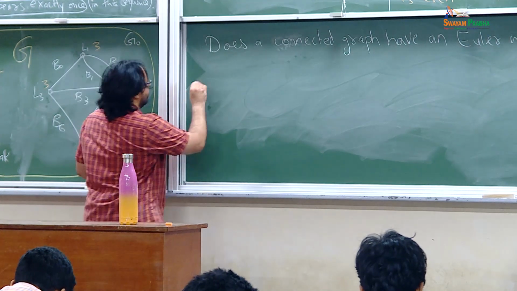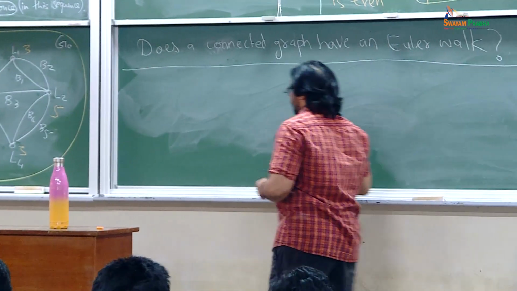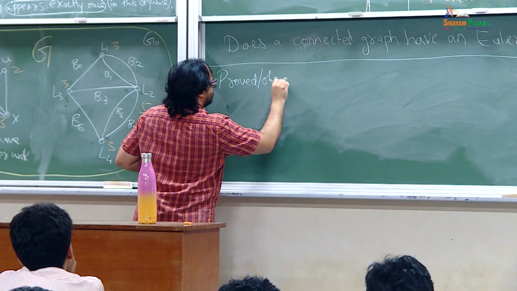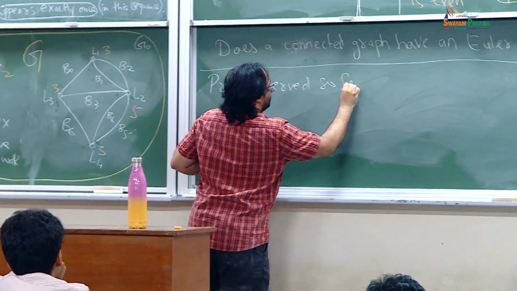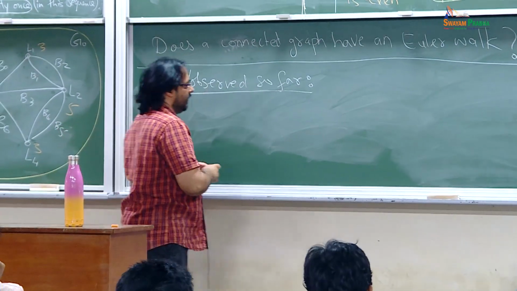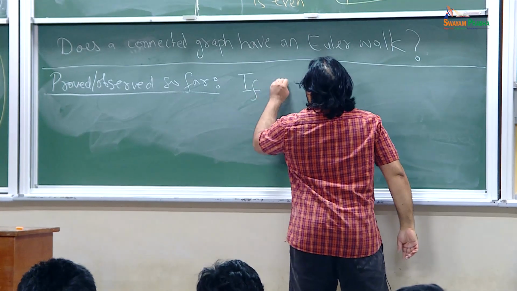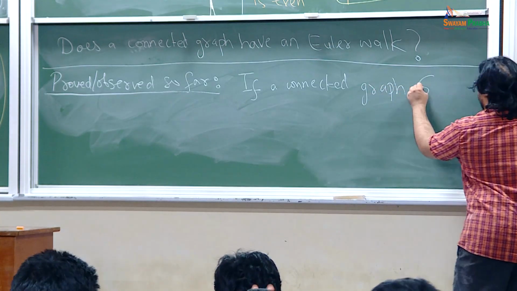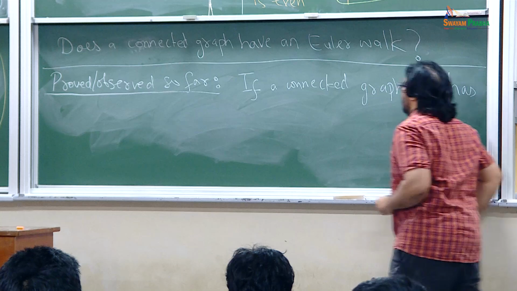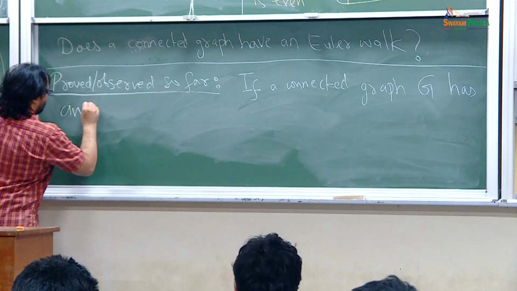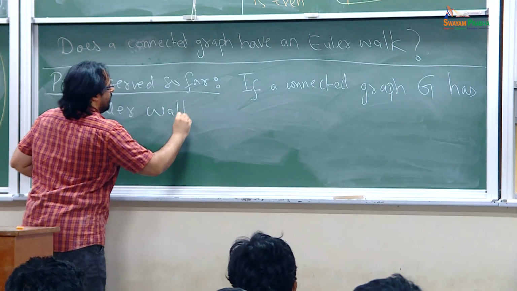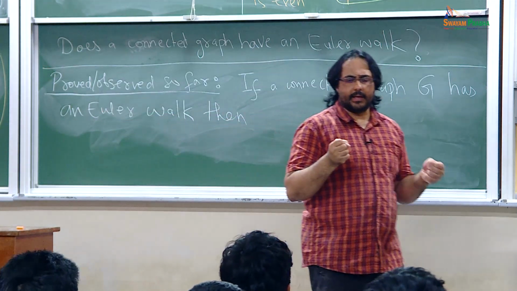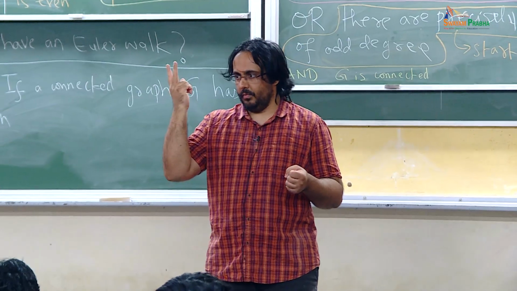Okay. And what we have proved so far, proved or observed, is: if a connected graph G has an Euler walk, then the number of vertices of odd degree is how many? 0 or 2.